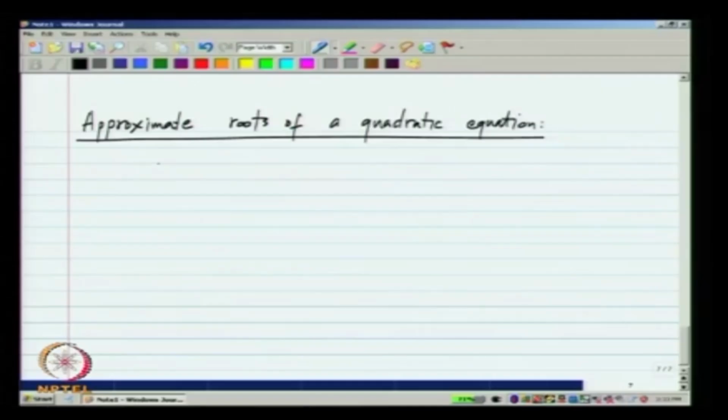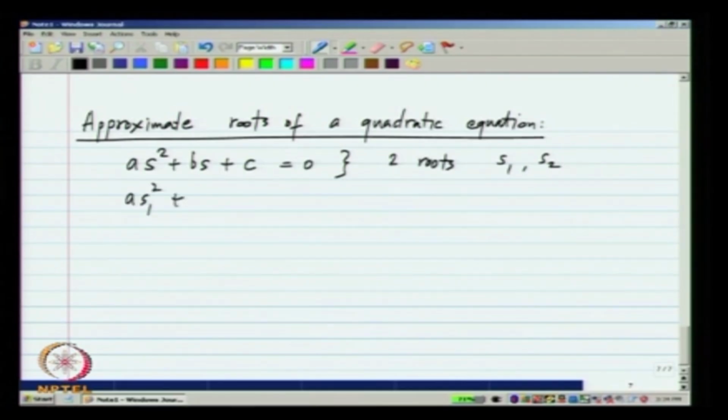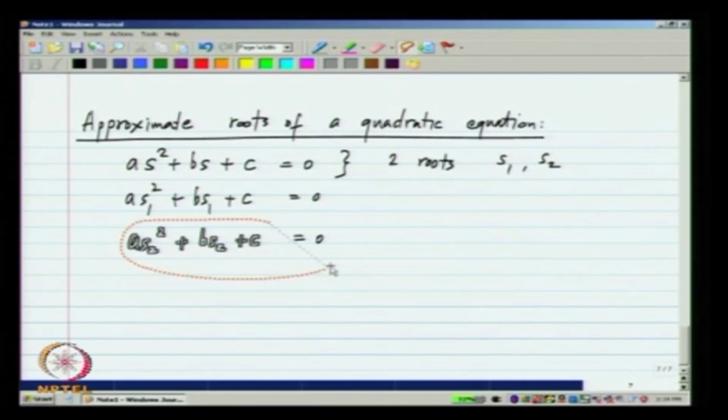Okay. Let us say we have as square plus bs plus c equals 0, and there are two roots s1 and s2. So, this clearly means a s1 square plus b s1 plus c is 0, and also a s2 square plus b s2 plus c equals 0.